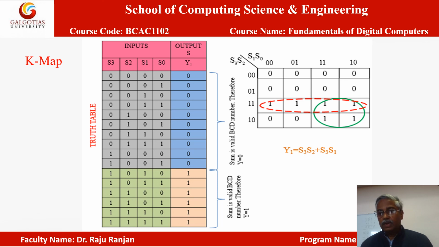So we need two AND gates, first for S3 S2 and the second for S3 S1, and then we need an OR gate to mark this plus sign. Plus represents OR operation. So we need two AND gates and one OR gate. Okay. So this is how we will create the circuit diagram from this expression.